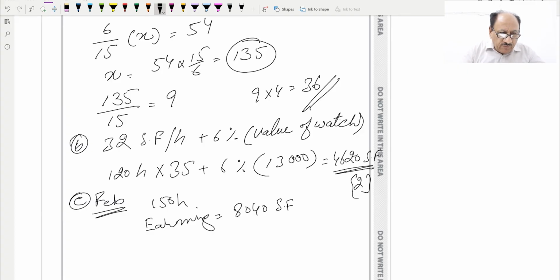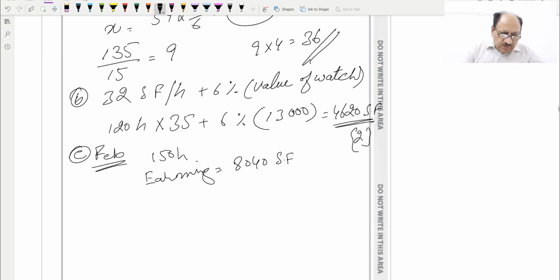So calculate the value of the watches Mel sells in Feb. So we can calculate. This will be 32 into 150 hours. This much for 150 hours because each hour is 32 Swiss francs.